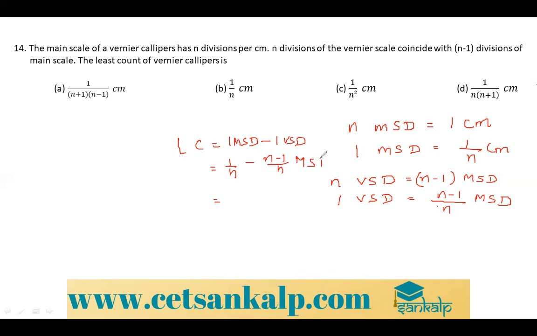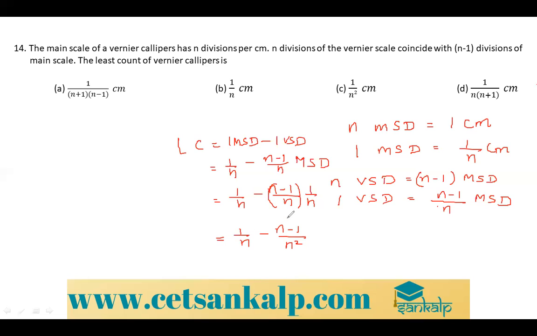What is your MSD value? It is 1 by n minus n minus 1 divided by n into 1 by n. So finally it becomes 1 by n minus n minus 1 divided by n square.